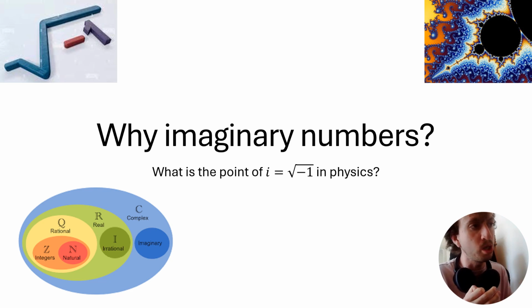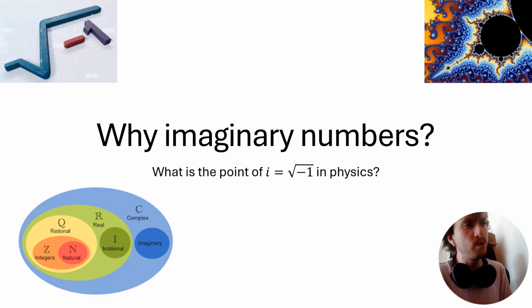And as an introduction to imaginary numbers, we get imaginary numbers when we try to do the seemingly absurd thing of taking the square root of a negative number. Now, from your knowledge of high school maths, you might think, well, we can't do that. Well, we can't do that if we want to get a real number. There is no real number which is equal to the square root of a negative number.